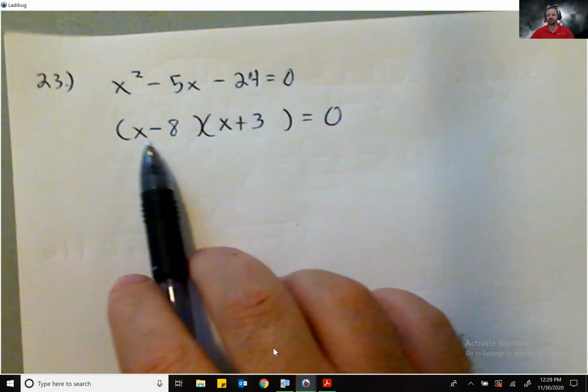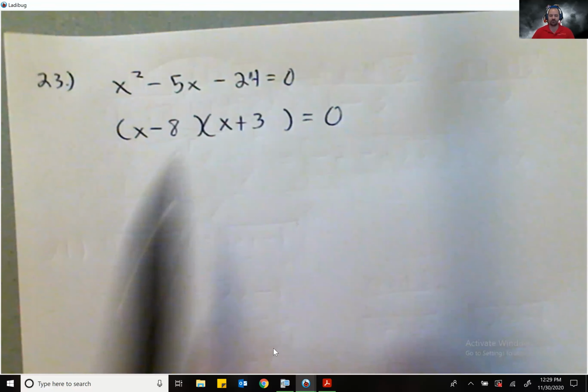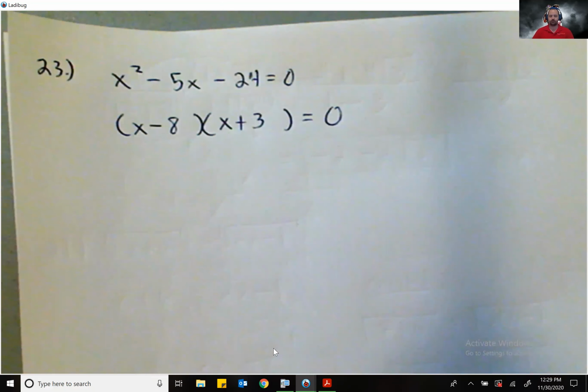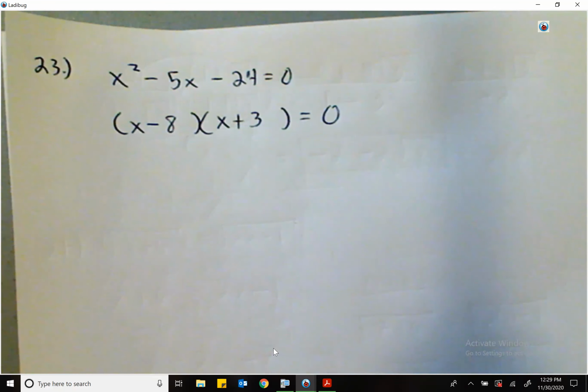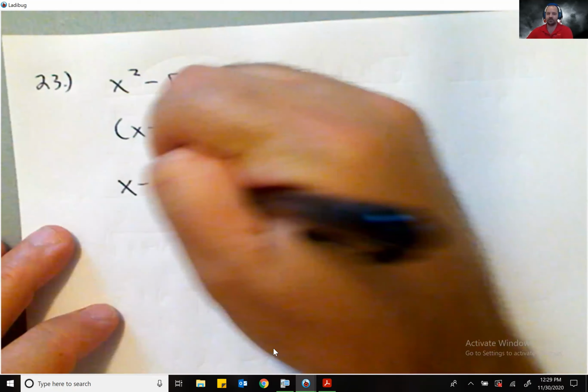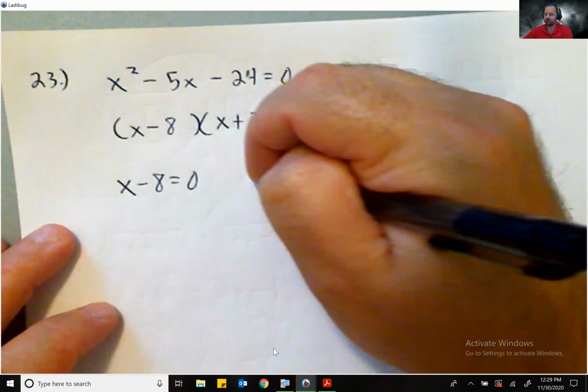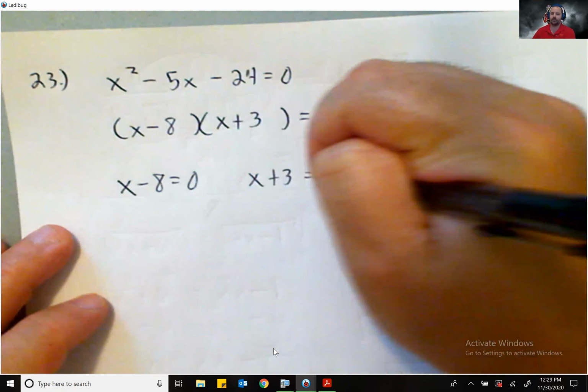So now that this is factored, how do I continue to solve? What are we going to do with these parentheses? Set each of them equal to 0. You got it. x minus 8 is going to get set equal to 0. x plus 3 is going to get set equal to 0.